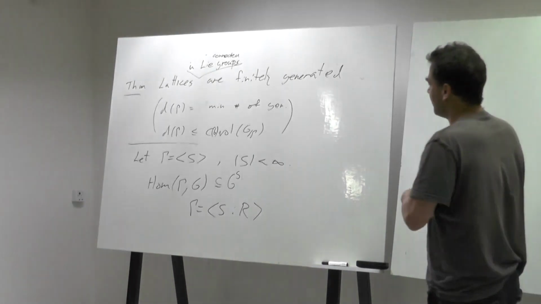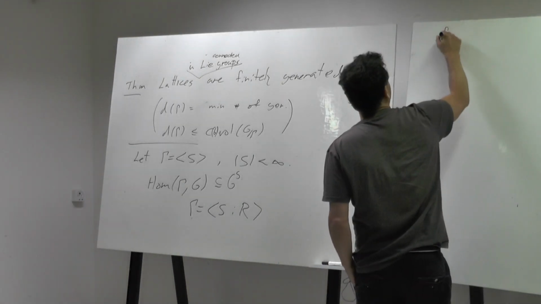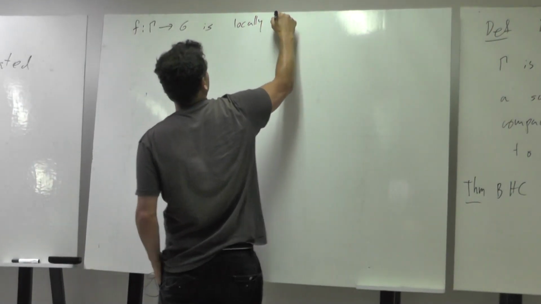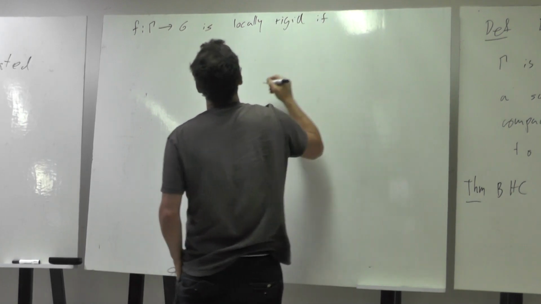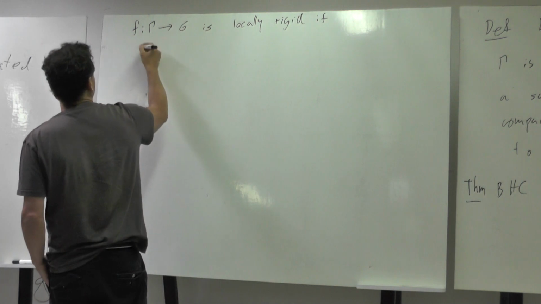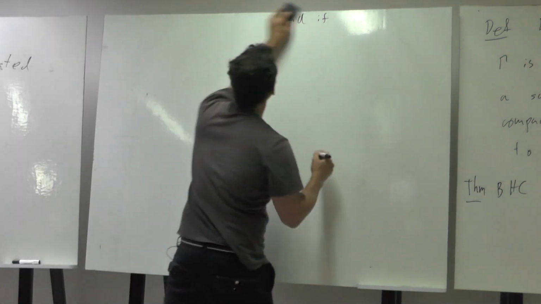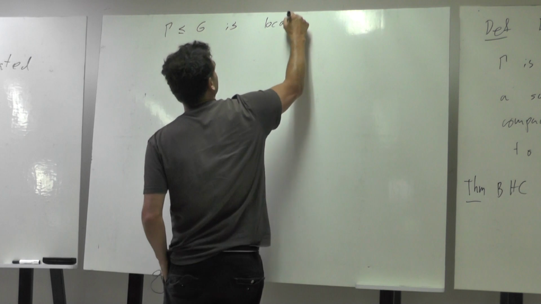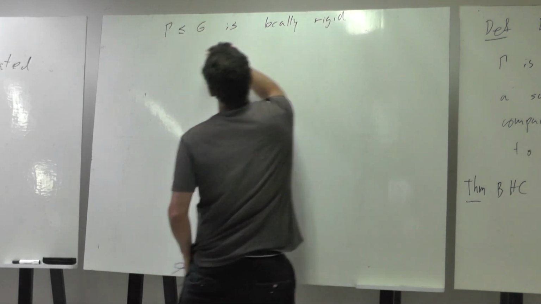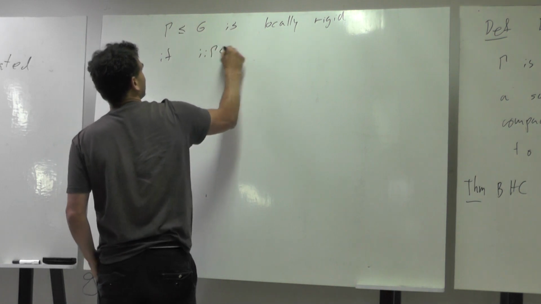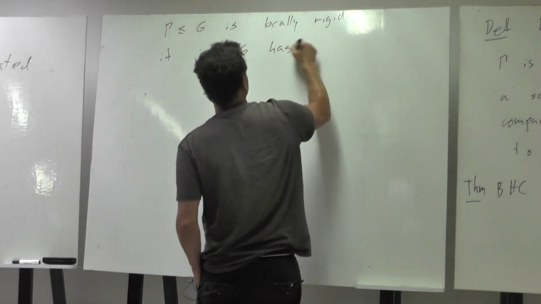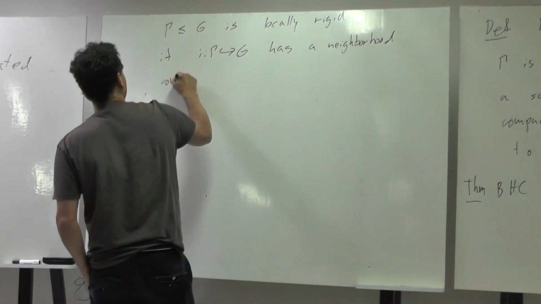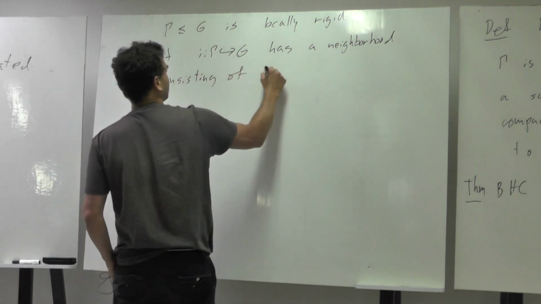And Gamma is called locally rigid, or F from Gamma to G is locally rigid, let me say that Gamma inside G is locally rigid if the inclusion has a neighborhood consisting of conjugates.